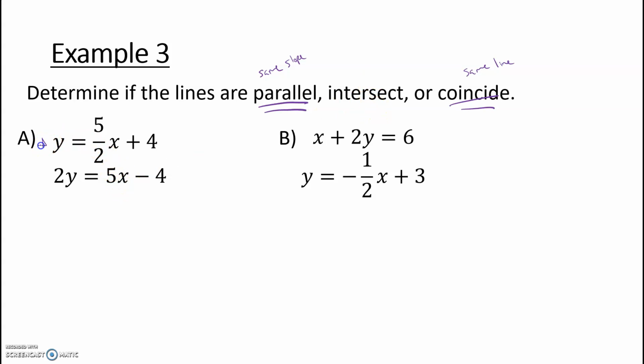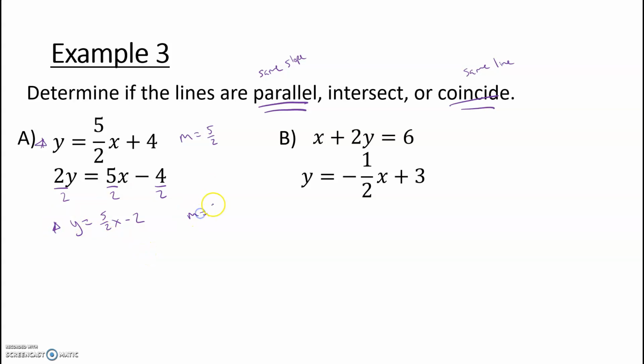So notice this first equation is y equals mx plus b. So I know my slope is 5/2. Here I don't have y alone, so I got to go through and divide everything by 2. So you get y equals 5/2 x minus 2.